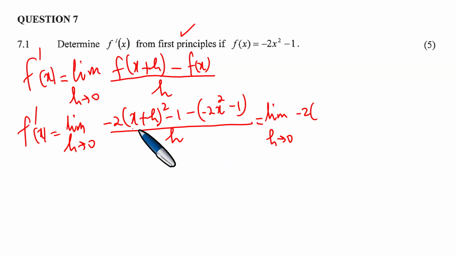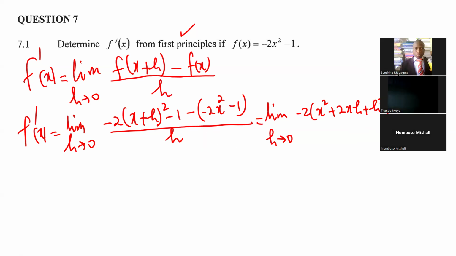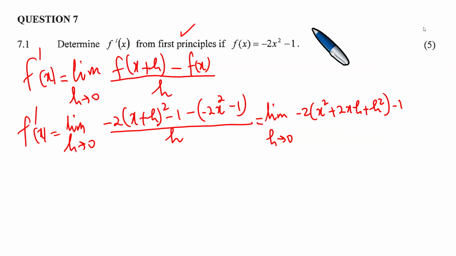So we have -2 open bracket. What is x plus h squared? We have x squared, 2 times x times h is 2xh, then we have h squared, close bracket minus 1.